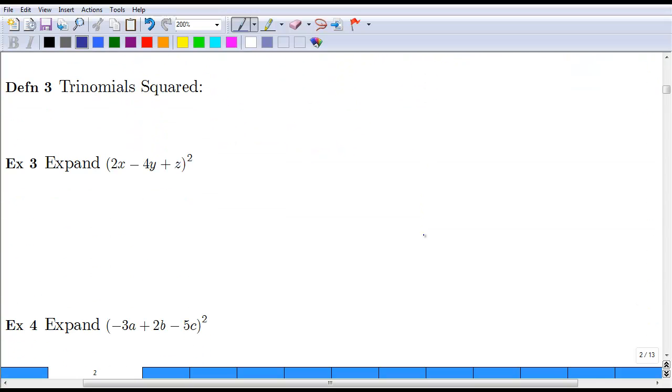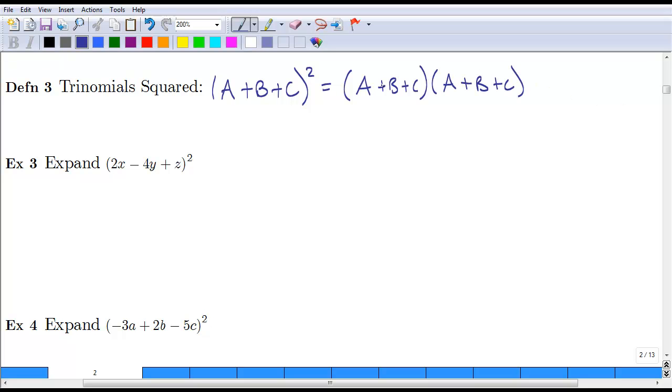As far as squaring a trinomial, if you have a plus b plus c and you want to square it, then you would take a plus b plus c times a plus b plus c. When you multiply these out, when you distribute this first a, you get a squared plus ba plus ca.